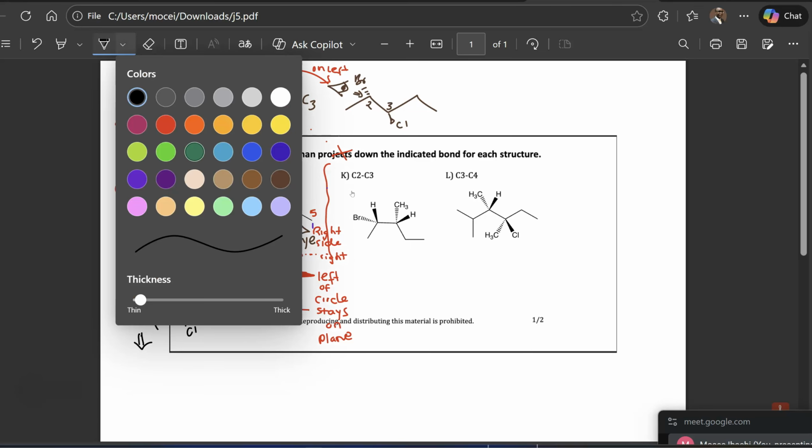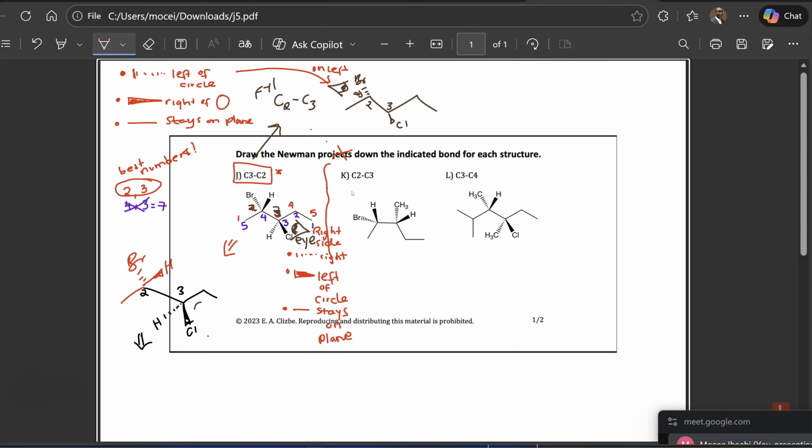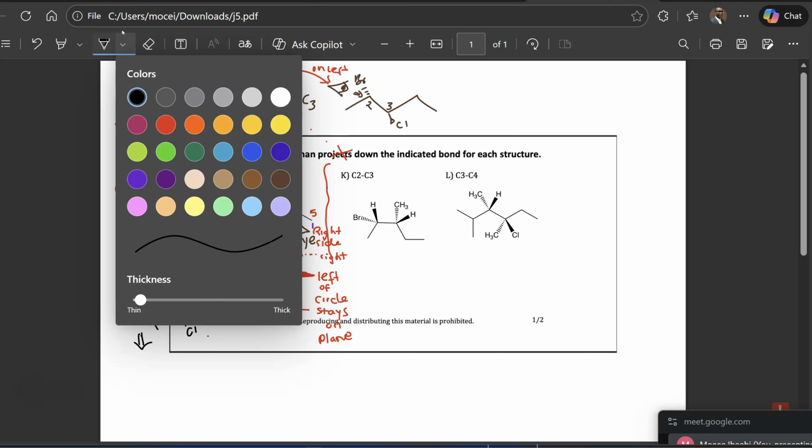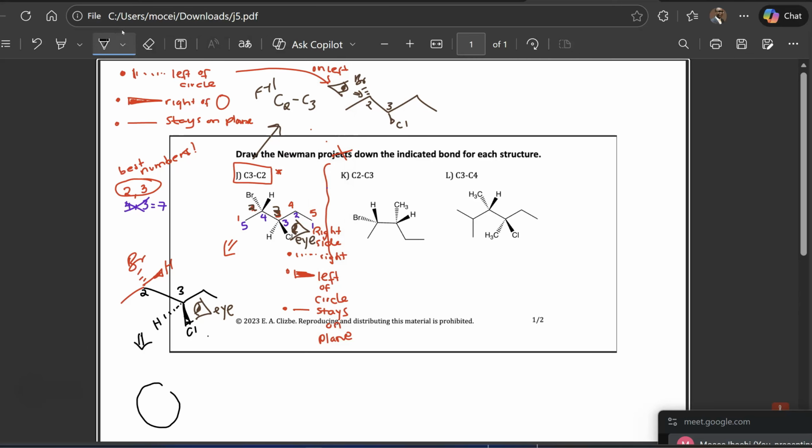Now we draw our eye so that we don't get distracted. And now I bring my circle. Let me just draw my shape of a circle. Circle is black. That's the back.